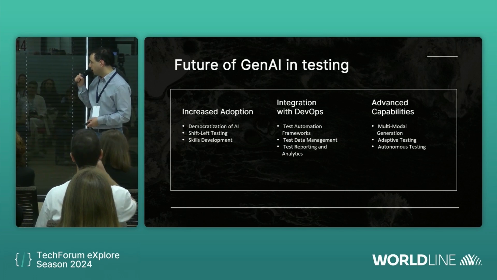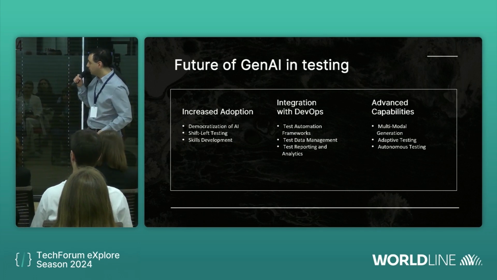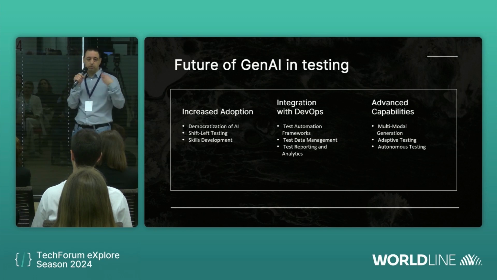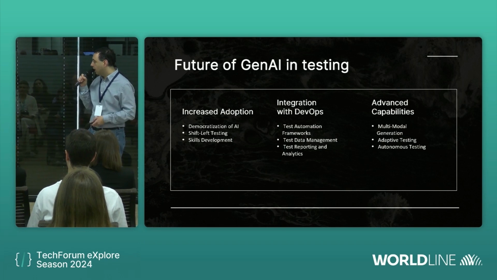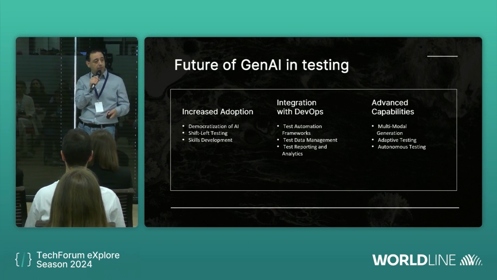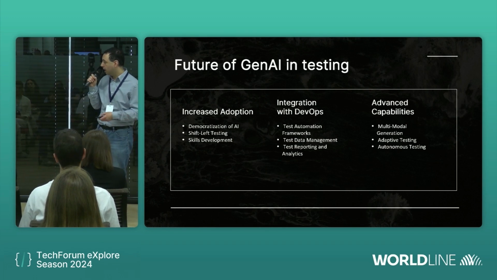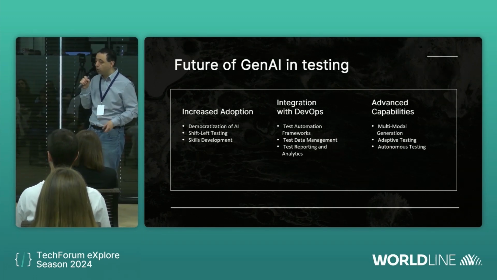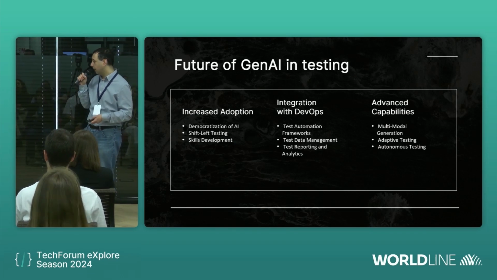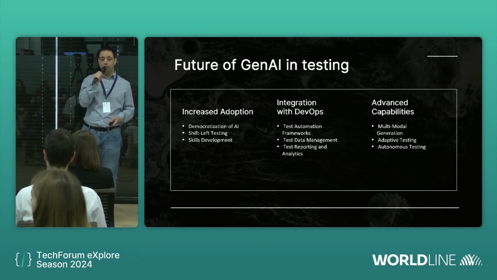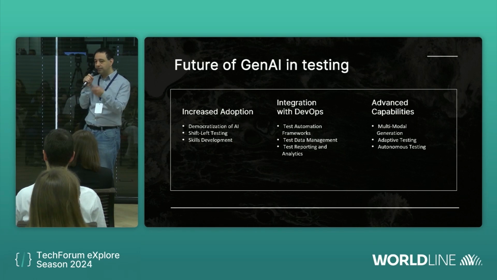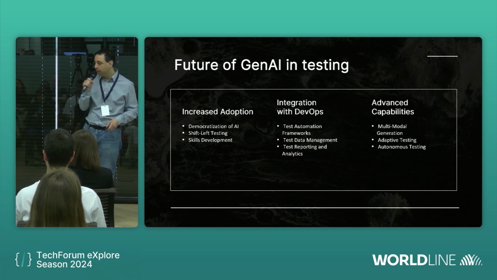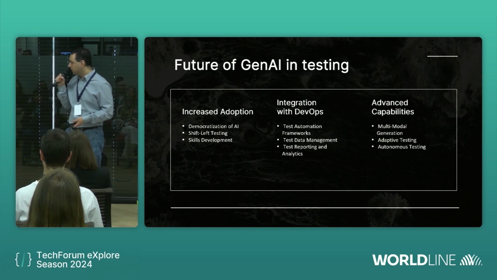I think this is already happening, and some advanced capabilities like multimodal generation, which means all kinds of data are included: the videos, sounds, texts. Adaptive testing, which means basically that it gets better with time, which I think is already really happening. And autonomous testing, which is kind of the utopia of software testers, where you don't have to do anything. The thing tests itself, and the tool does everything for you. I don't know if we're going to reach this, but we will see.